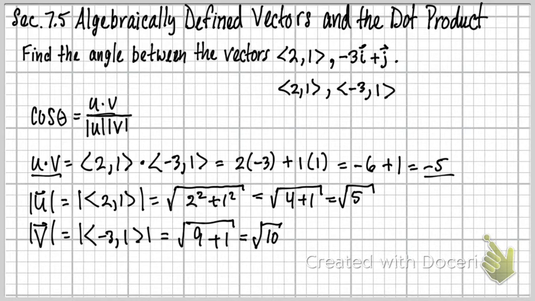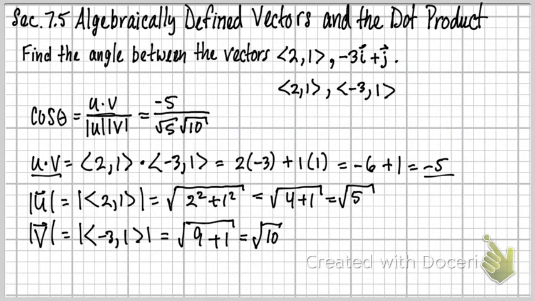So now with this information, all we're going to do is just plug everything in. So my u dot v is negative 5. And my magnitude of u is square root of 5. And my magnitude of v is square root of 10.